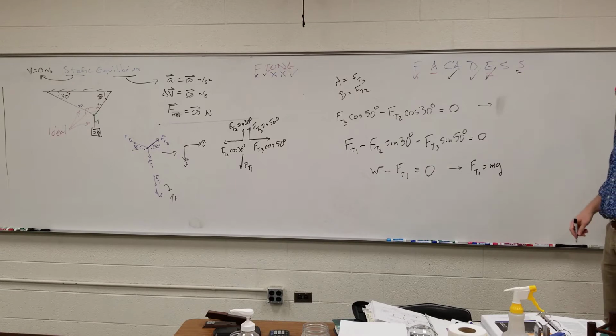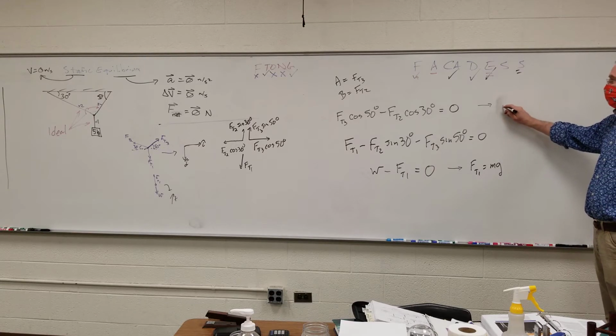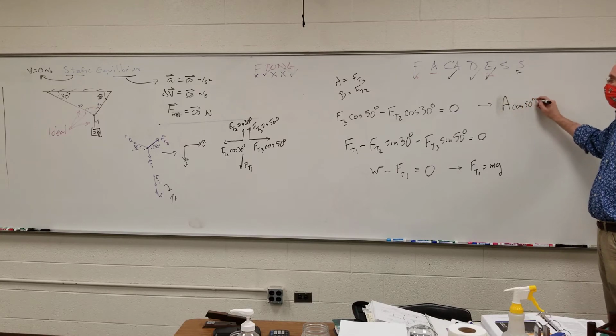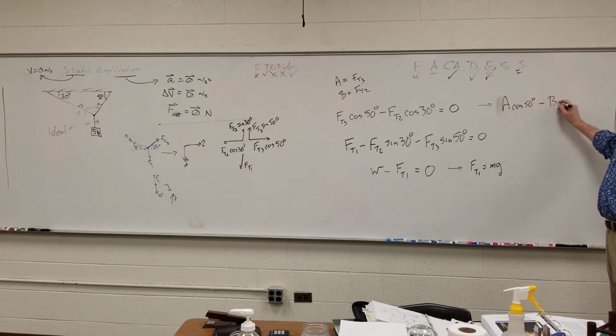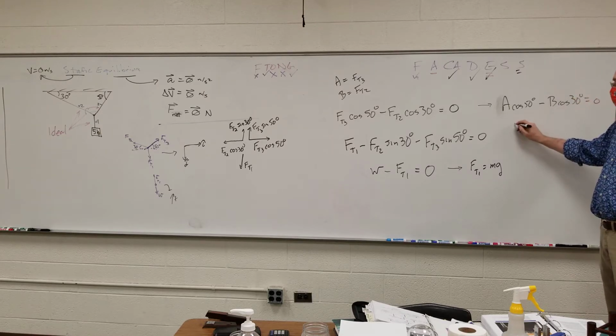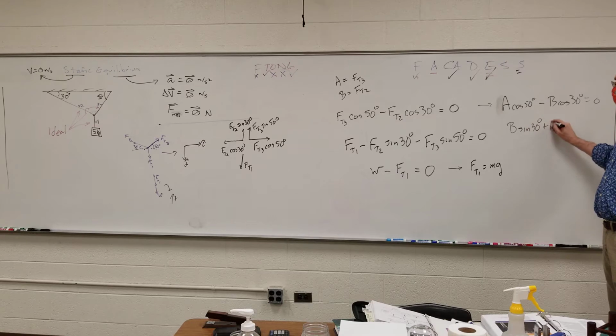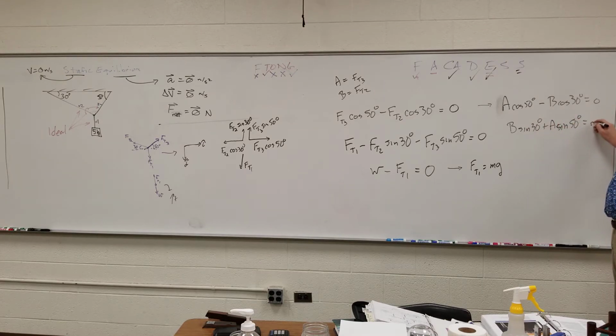I'm just doing this because I don't feel like writing as much. A cosine 50 degrees minus B cosine 30 degrees equals 0. And then tension 2, so that B sine of 30 degrees plus A sine of 50 degrees is equal to mg.